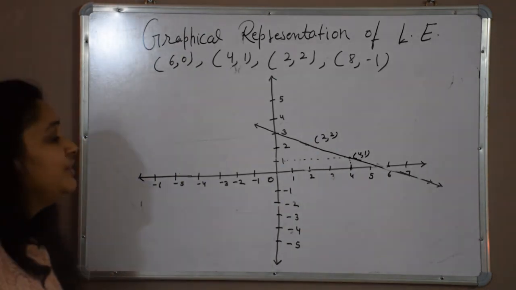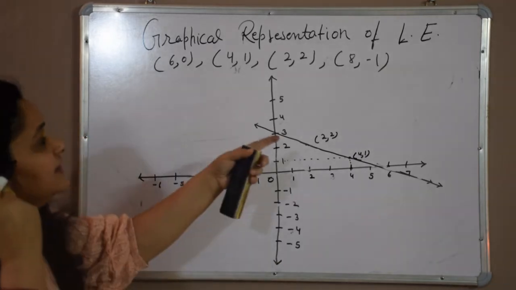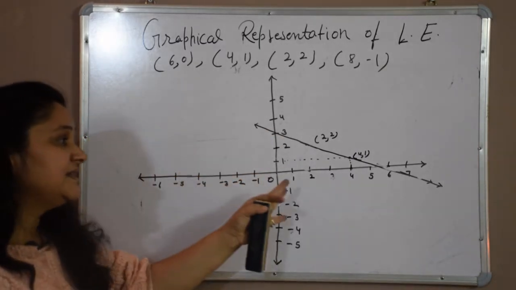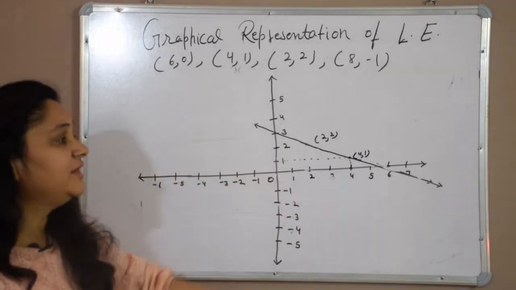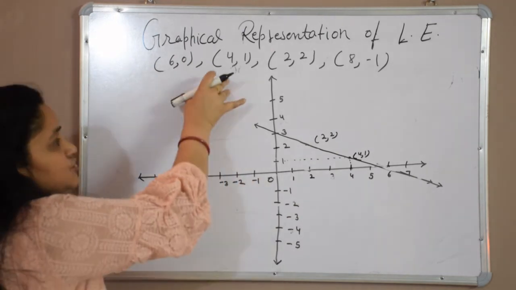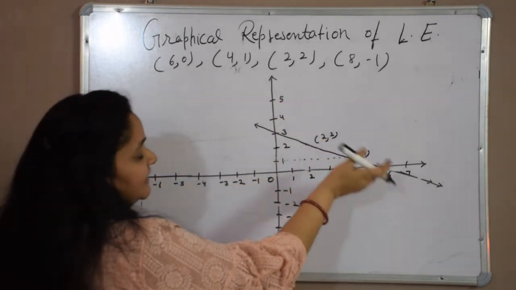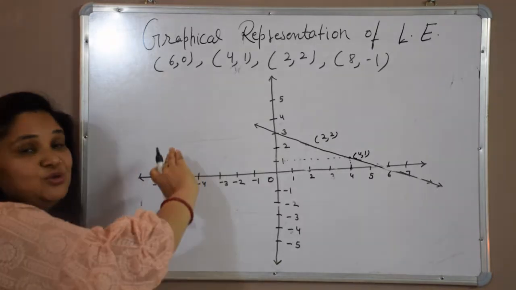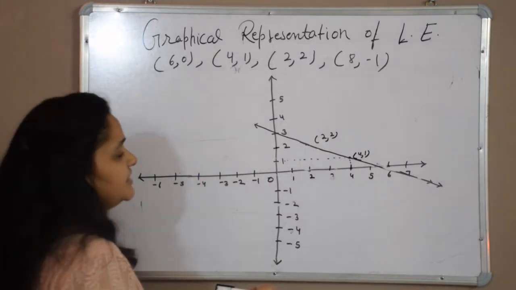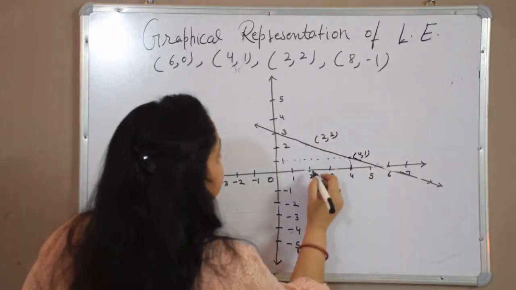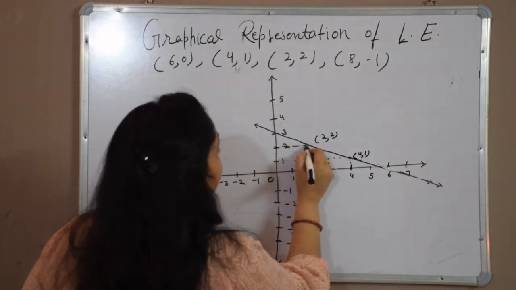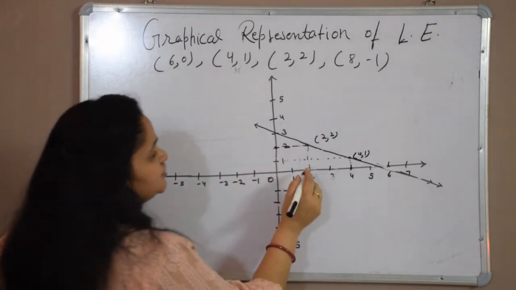So this is the beauty of the linear equation. We are given a linear equation, by using that we can plot a line, and every solution is on the line, and every point on the line is a solution of the linear equation, and you can check also. It is very easy. See here, (2, 2), we can see it is a solution.